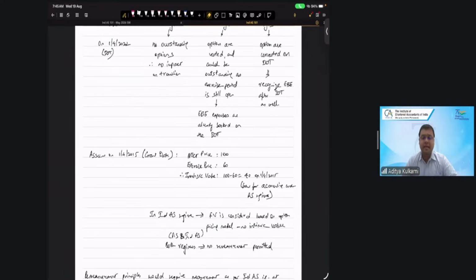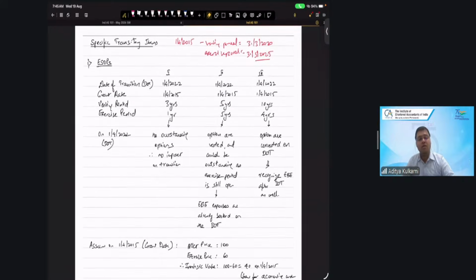Largely, everything else is the same in accounting. It is just the basis of measure that is different. Are we comfortable with the two treatments now? Yes. Are we comfortable with the two treatments, Rashmi? Yes. All right. Now, this will be easy for us to understand.